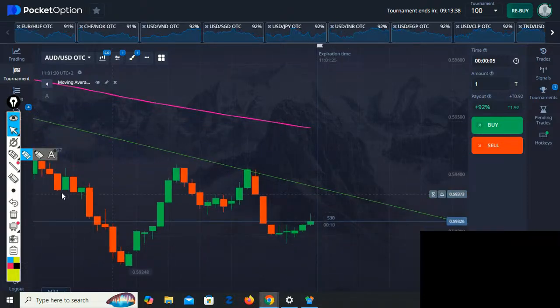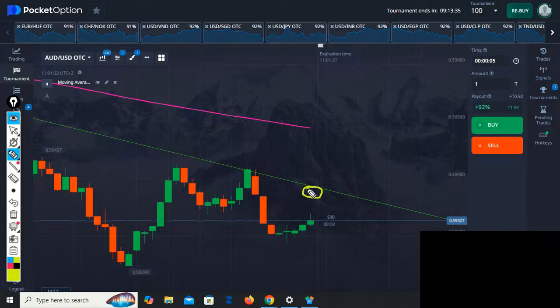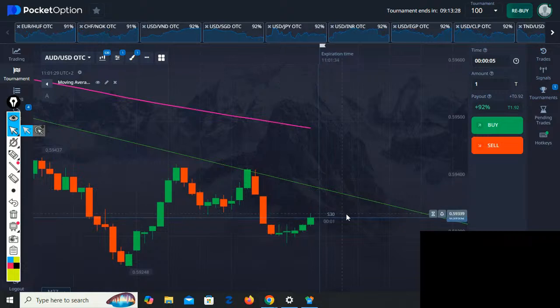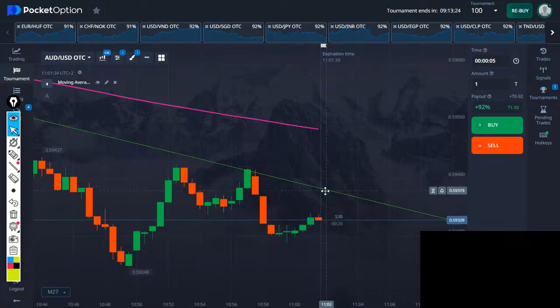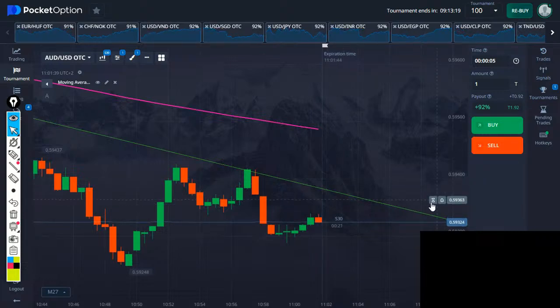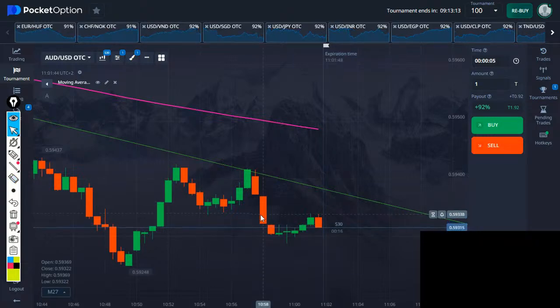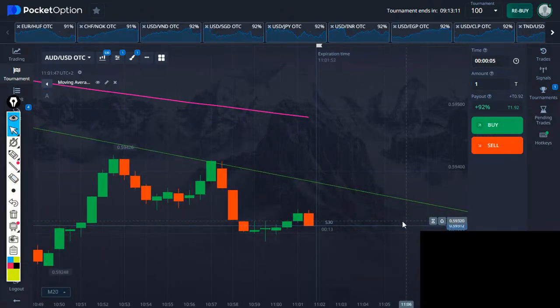So here would be the ideal situation to go for sells if you have reds. However, I'll start taking trades because I know for a fact you guys, if you will trade this thing, you will not wait. I know you don't have the patience. So I need to show you what's going to happen without a little bit of patience. So let's wait. If I get red, I'll go for a sell. If I get green, I'll do nothing. All right.